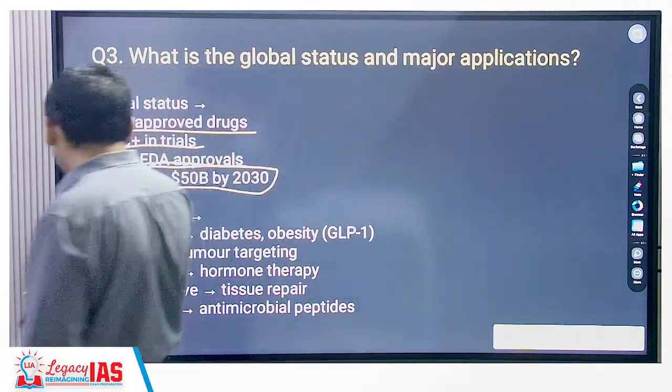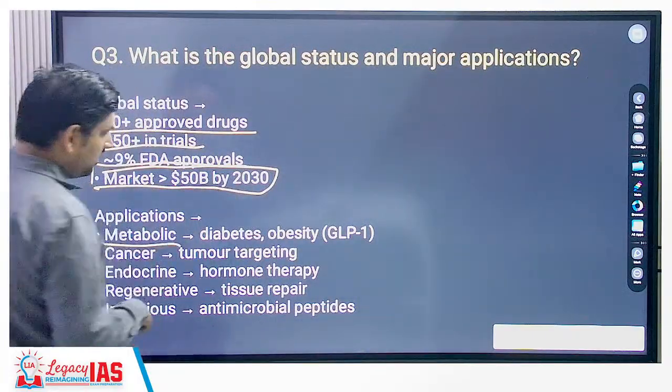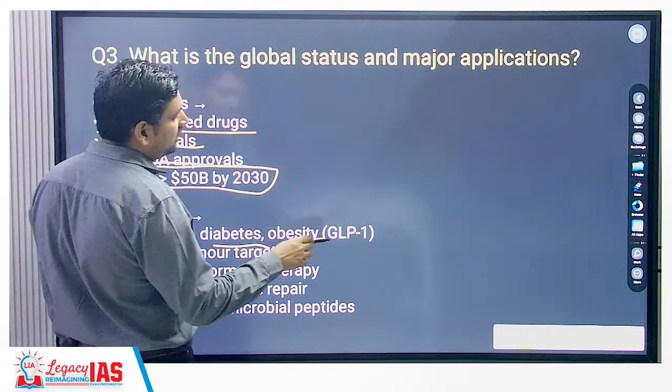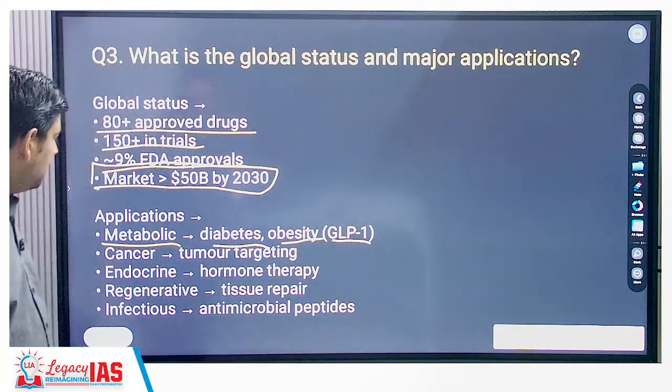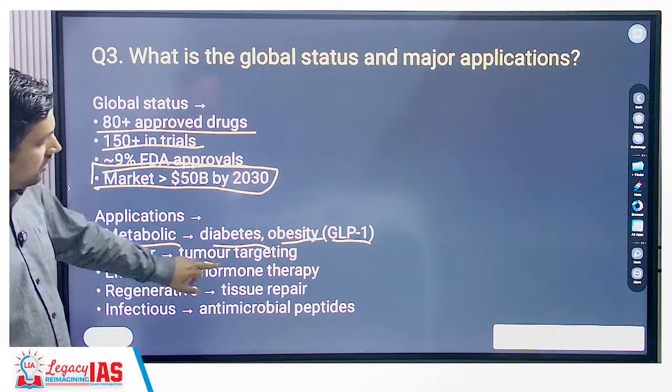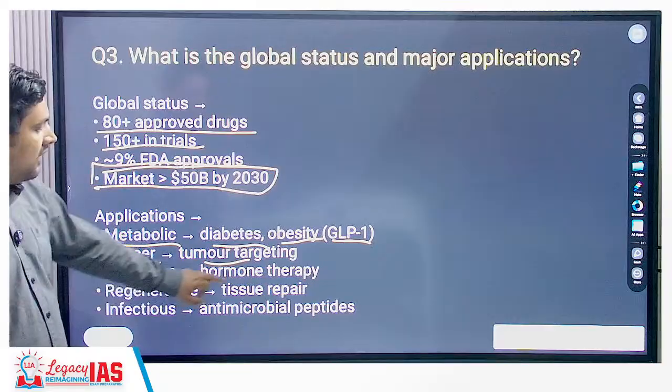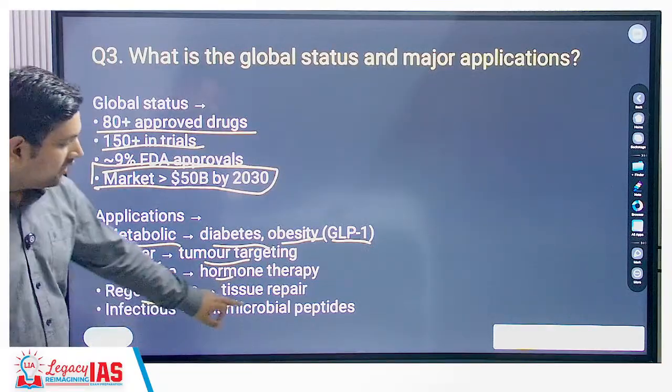Now applications, so there is metabolic application, okay, that is with respect to diabetes, obesity, GLP-1, okay. Then with respect to cancer, tumor targeting and all, it can do much better. Then endocrine, hormone therapy, then regenerative tissue repair.